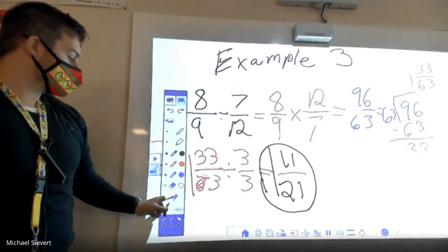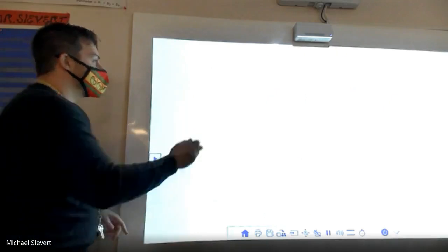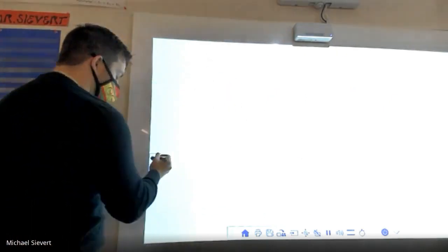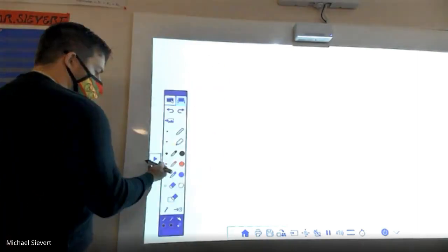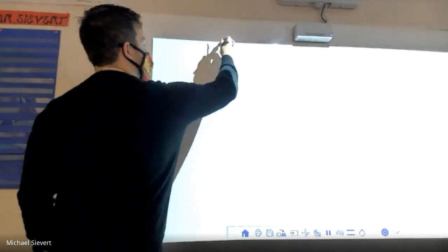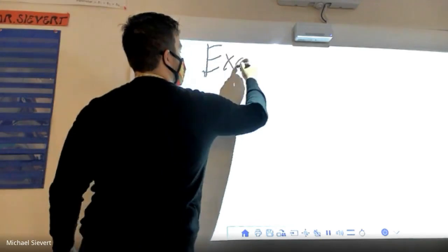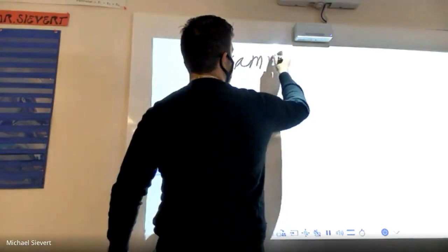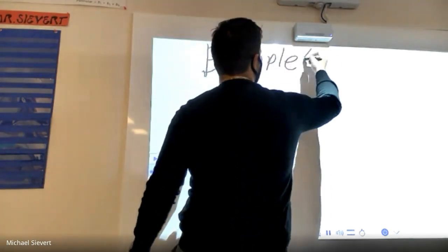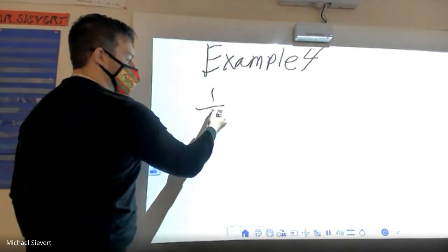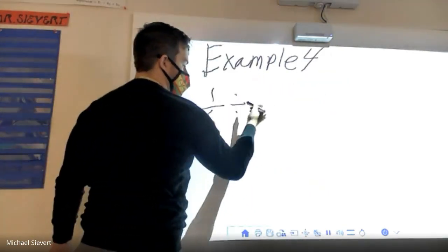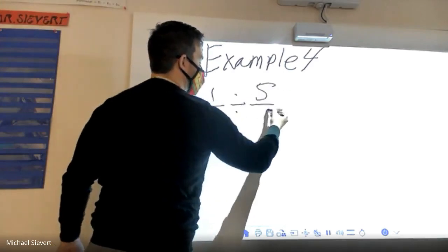Then after example 4, you'll get your exit ticket. Example 4 will be 1/6 divided by 5/9.